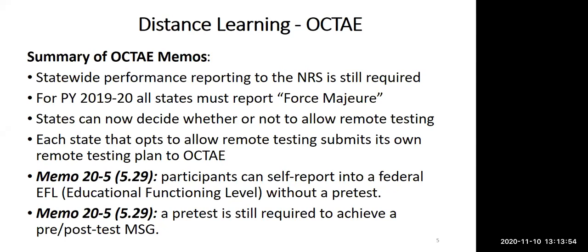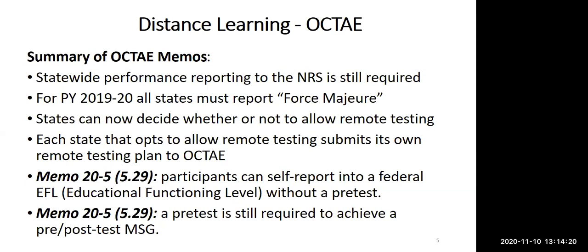I will link into that last federal memo that came out at the end of May, where they allowed for self-reported placement. That is, you can place students for federal reporting without doing that pre-test. So the feds are kind of acknowledging that getting everybody pre-tested right away and getting all that done in an organized fashion is pretty close to impossible.